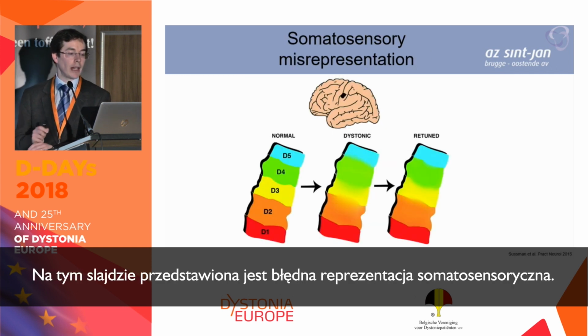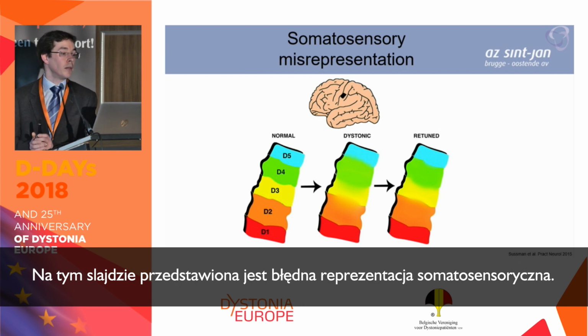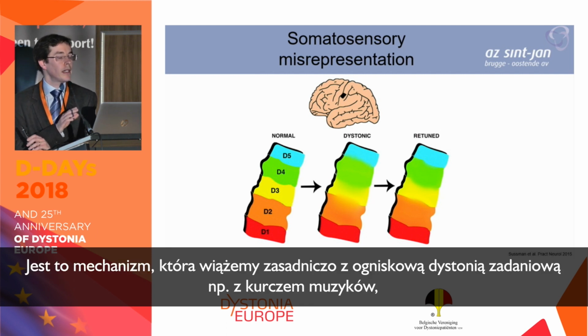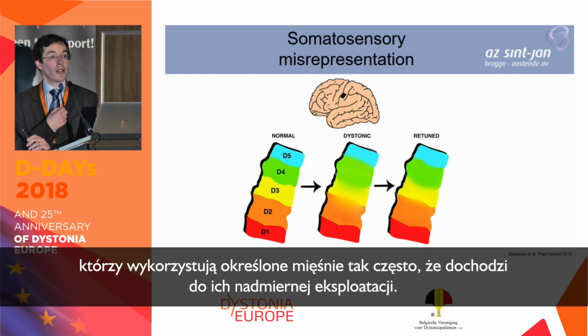And in this slide, the sensory misrepresentation is shown, and it's something that we typically see as a mechanism in focal task-specific dystonias, like, for example, musicians' dystonia, where musicians strain certain muscles so much that there's a kind of overuse.